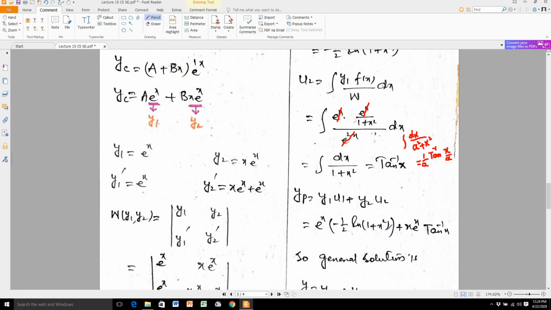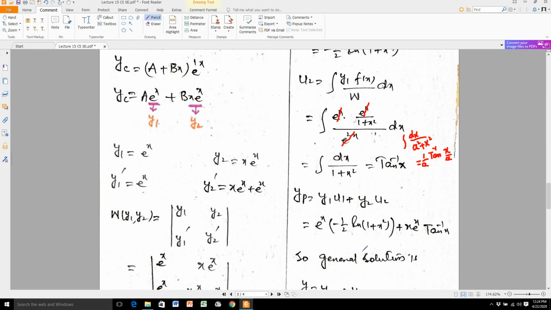So now we are able to compute yp. All required values we have computed here. yp is equal to y1 u1 plus y2 u2. Here I substitute the value of y1 and then the value of u1. Then I substitute here the value of y2 and then u2.